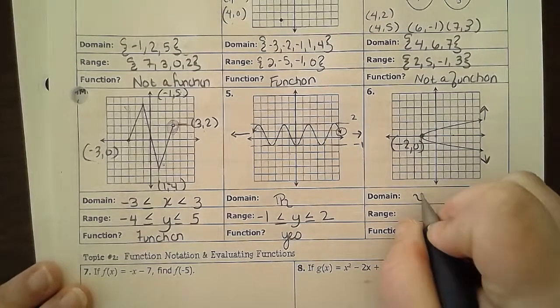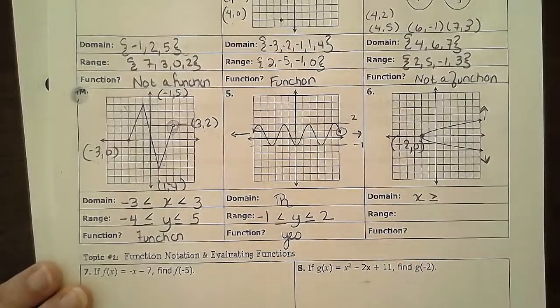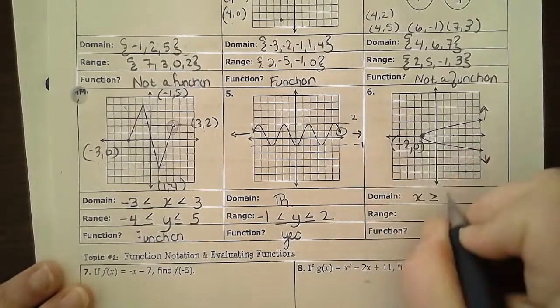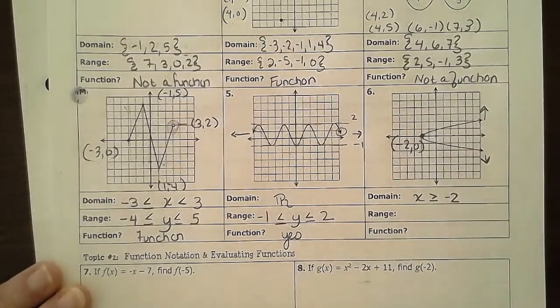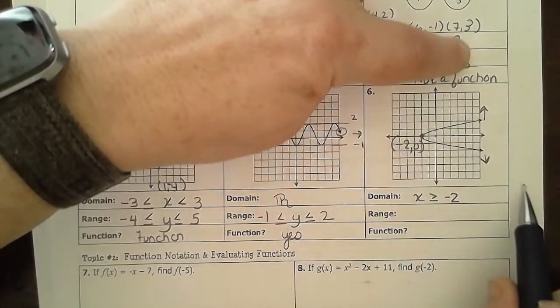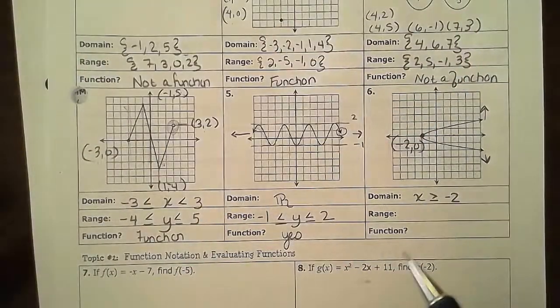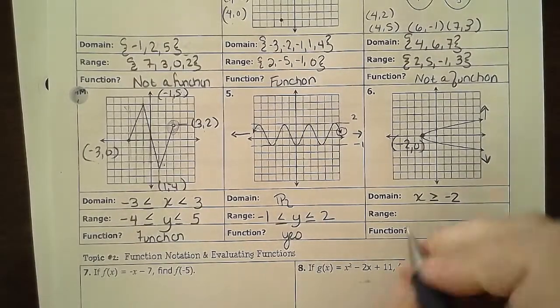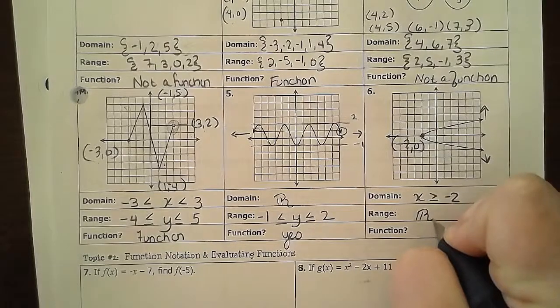So my domain is going to be x is greater than or equal to that low x value, which is -2. My range, however, is that this is going to continue off up and down forever and ever. Maybe at a slow pace, but it's going to keep going. So my range is all real numbers.